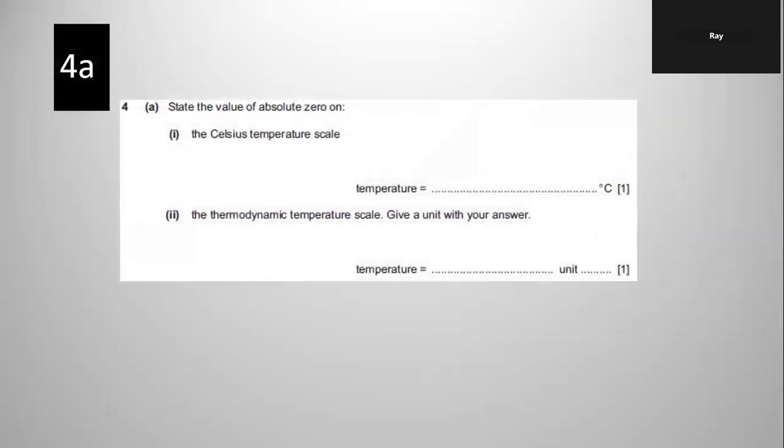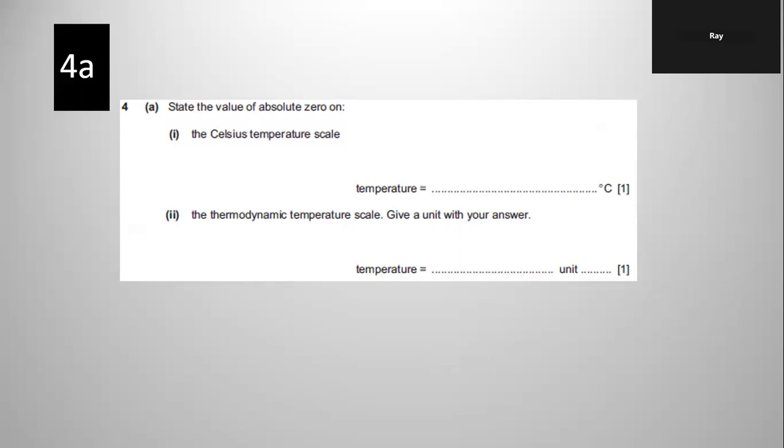Take the absolute 0 on the Celsius temperature scale. What is it? Absolute zero, Celsius scale.